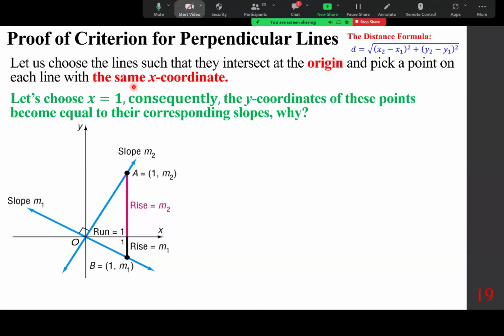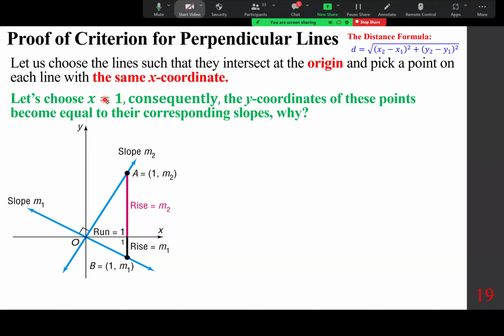So draw some vertical line. Okay, so this is it. And it crosses both lines, which means they have the same x coordinate. Now that x coordinate can be any number, 1, 2, 5, 1.5, 8, 9, you name it.